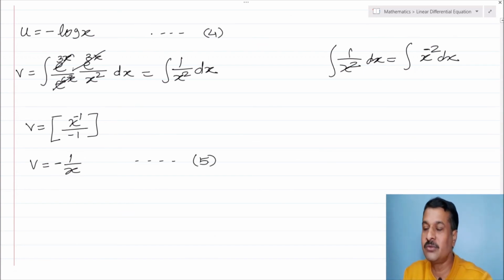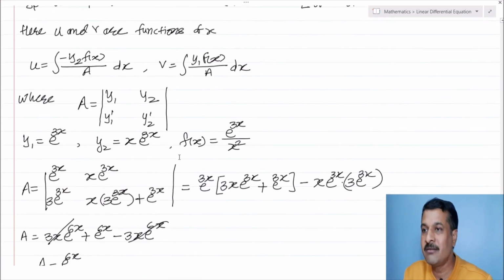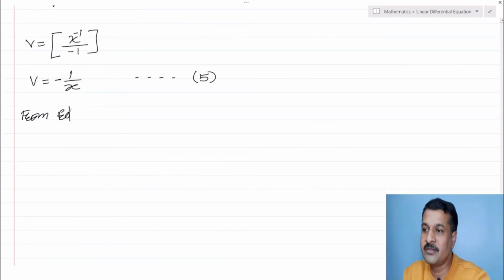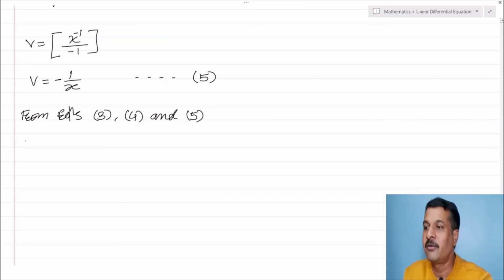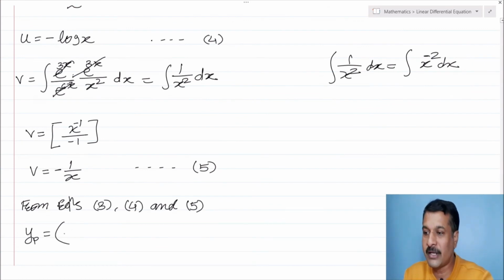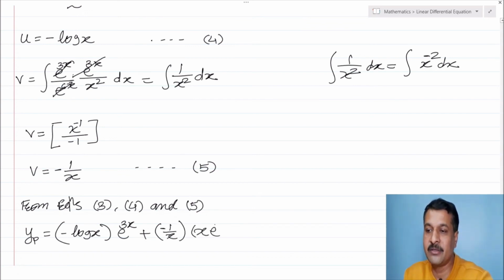So substitute these values of u and v in yp, that is equation number 3. So from equations 3, 4 and 5, we will get yp equal to u y1 plus v y2. What is the value of u? Minus log x into e raised to 3x, plus v, so minus 1 by x, into x into e raised to 3x.